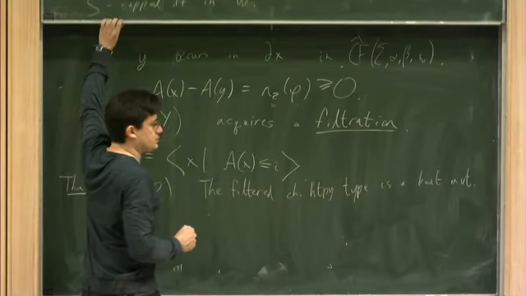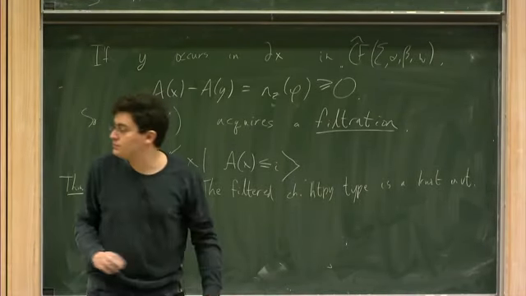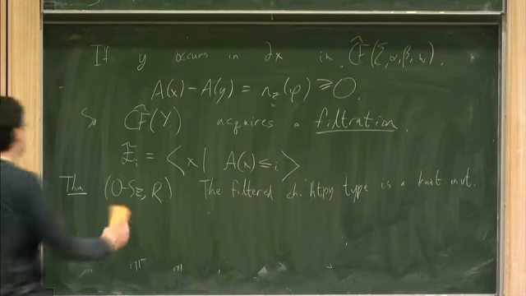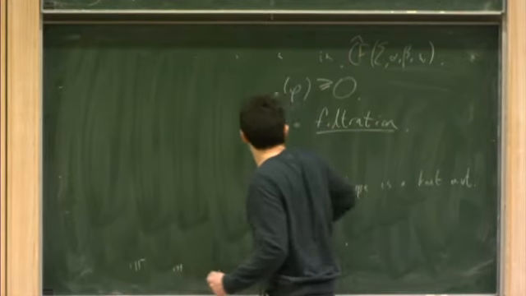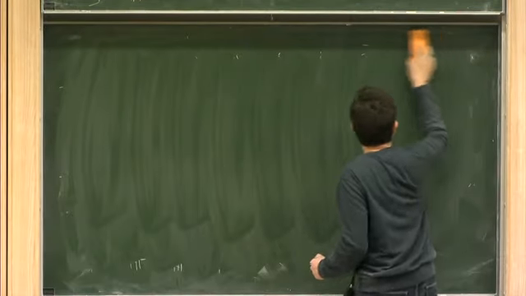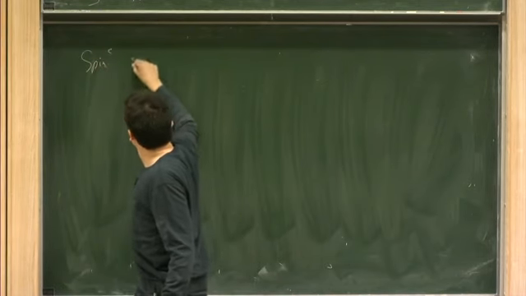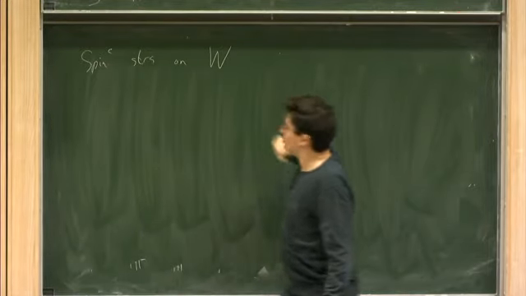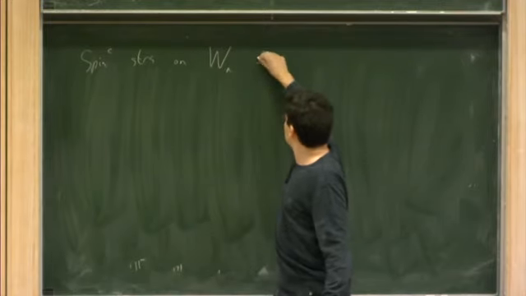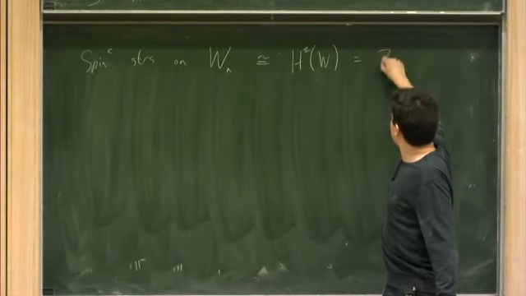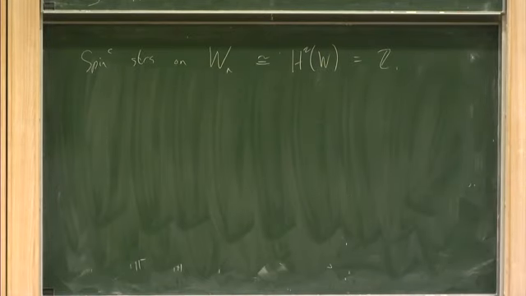And here's what I can do. You do some basic computation. Spin^c structures on W_n are going to be isomorphic to H^2 of W, which is just Z. This is a nice little Mayer-Vietoris computation for graduate students.